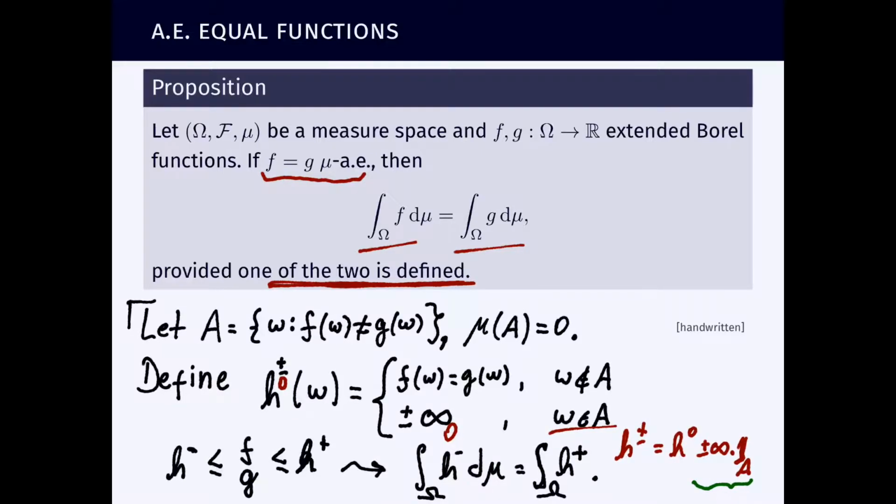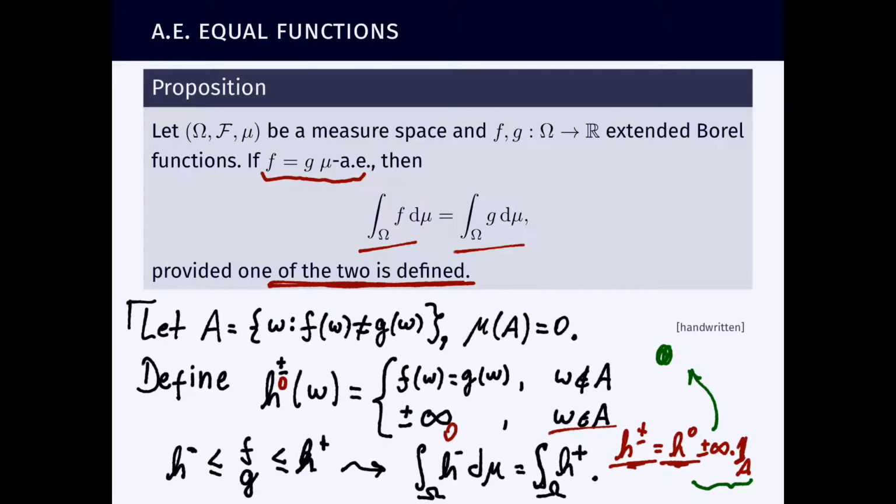We can compute its integral from the very basic properties of integrals, and its integral will be 0 because the measure of A is 0. So just by linearity, the integral of h plus and minus will coincide with the integral of h 0 if it is defined.